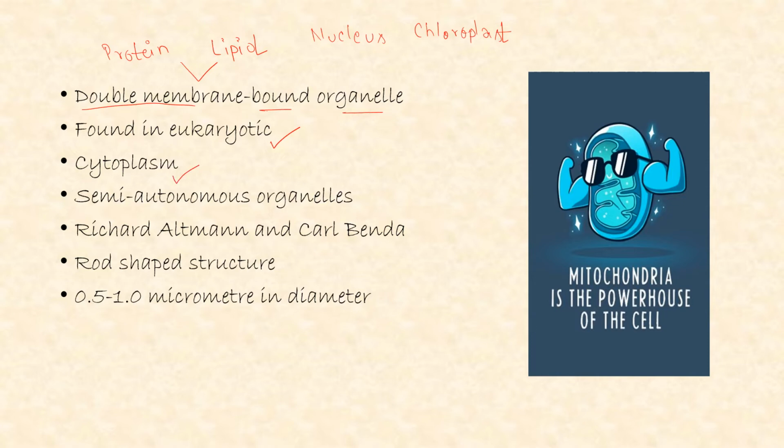It is also called a semi-autonomous organelle because mitochondria synthesize their own protein, not the whole amount but some of it, by their own machinery. Richard Altmann was the first to describe mitochondria and called them bioblasts, and Carl Benda gave the term mitochondria.